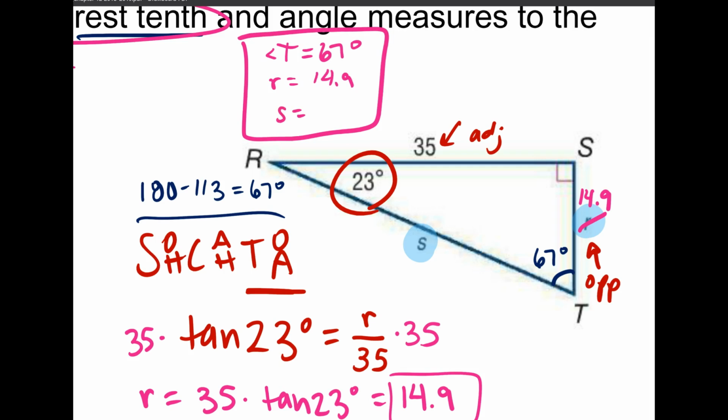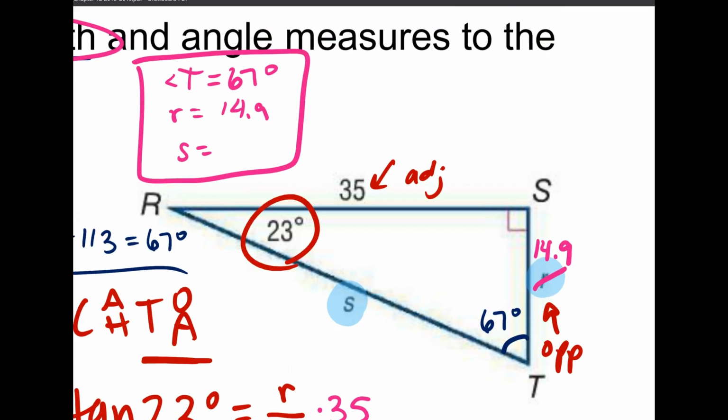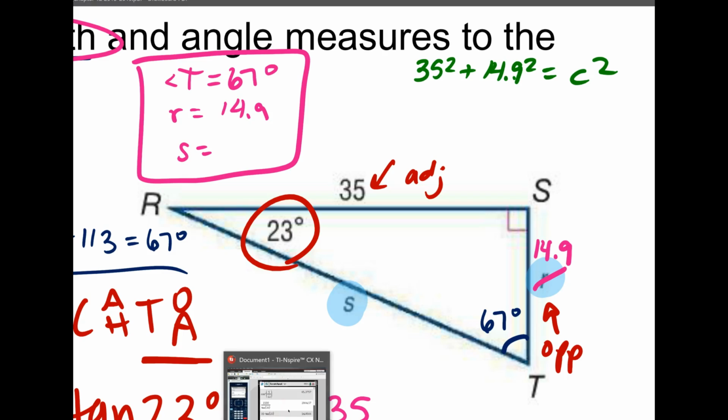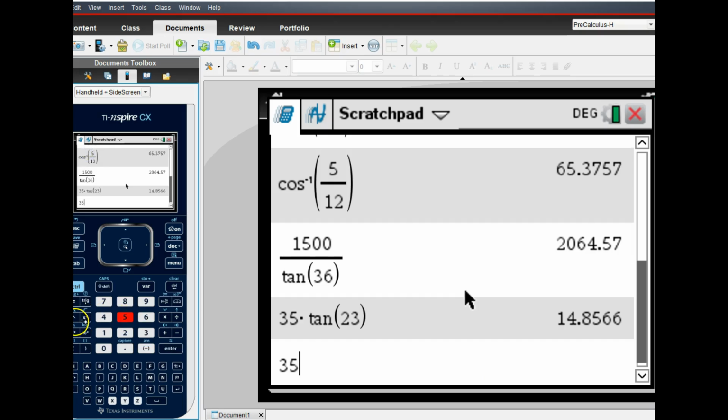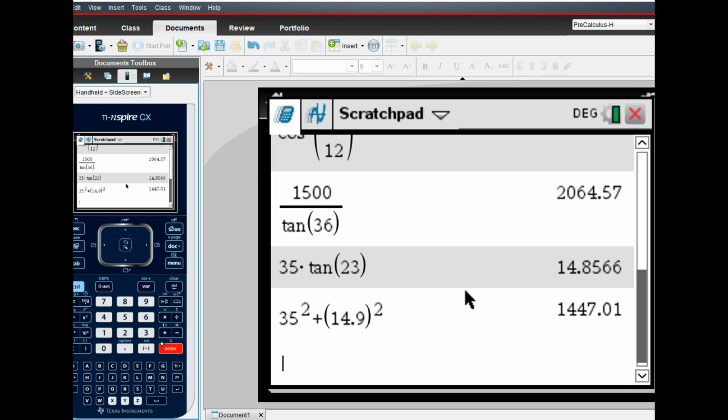How would I solve for side length S? Let's use the Pythagorean theorem. So I have 35 squared plus 14.9 squared equals c squared. This equals some number, but this is c squared.